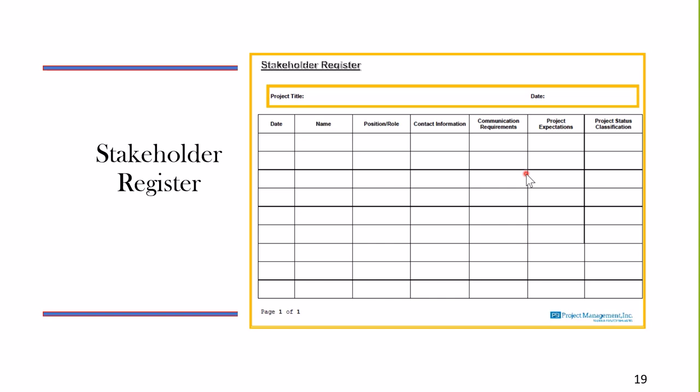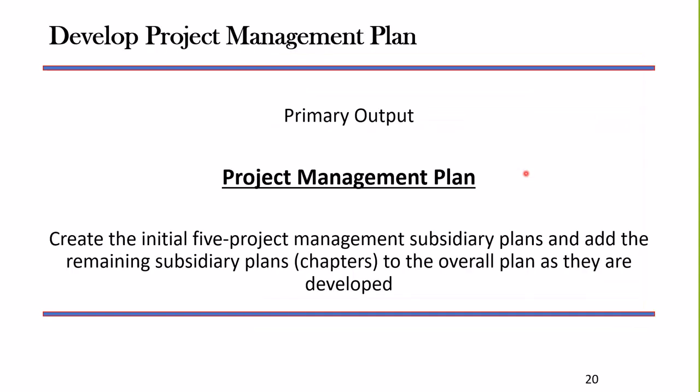Did you know, if you keep stakeholders engaged in a project, you'll have a successful project. If you don't keep them engaged, the likelihood of your having a successful project is not very likely.